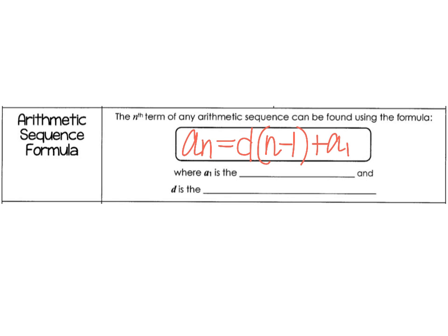So a sub n equals d times (n minus 1) plus a sub 1, where a sub 1 is the first term, and d is the common difference.